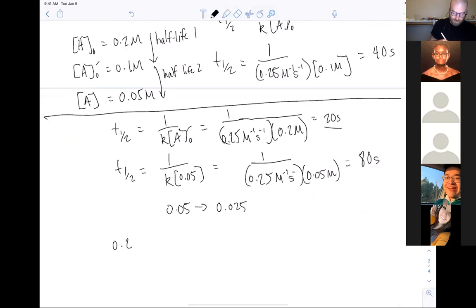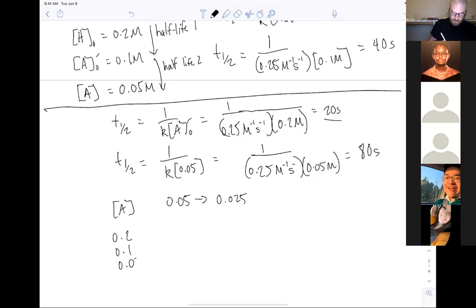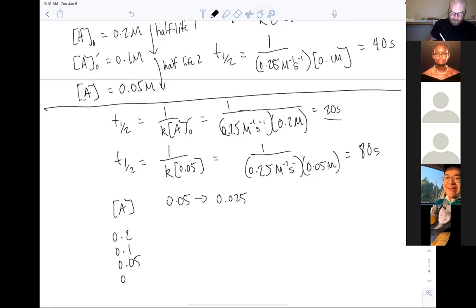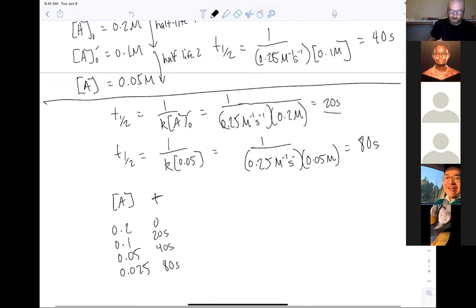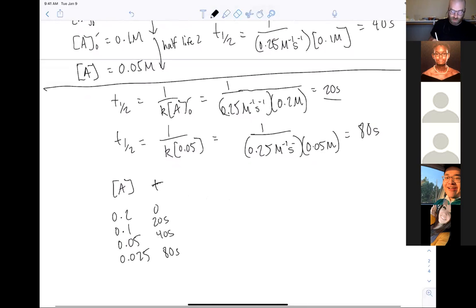But let's take a look here. Let's get rid of the A sub 0. Let's say we're at A, and we're watching this thing change with time. I haven't had a chance to think about the math behind this yet. So 0.2, let's say we're starting the clock there. We know it takes 20 seconds to get to 0.1, and we calculated it takes 40 seconds to get to 0.05, but then it takes 80 seconds to go from 0.05 to 0.025.